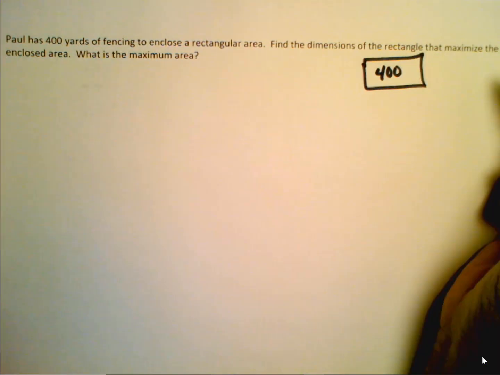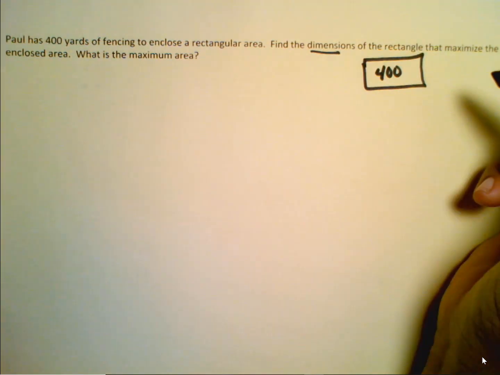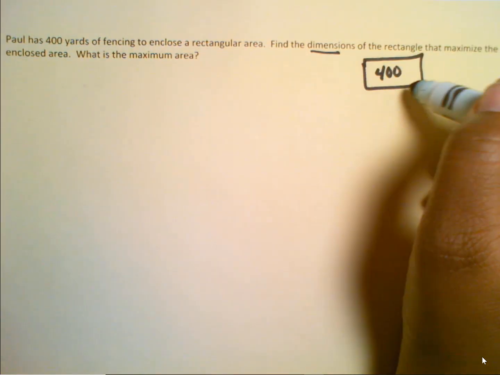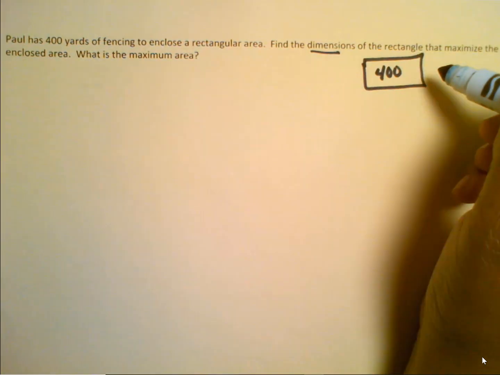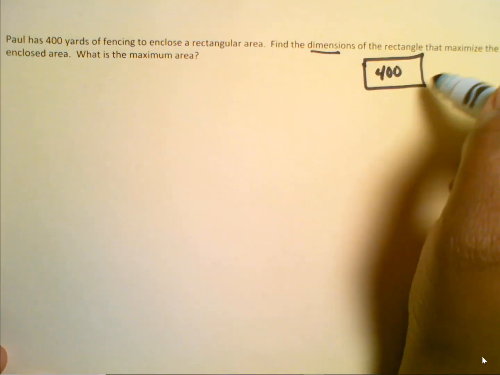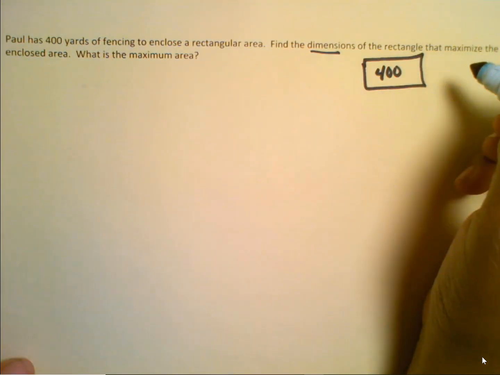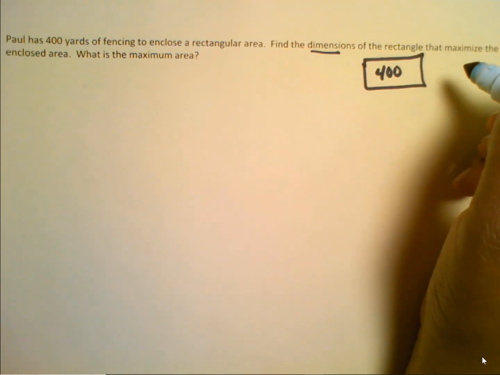Now, find the dimensions of the rectangle, where it says to maximize the enclosed area. We're talking about the perimeter. Remember, perimeter is twice the length plus twice the width.